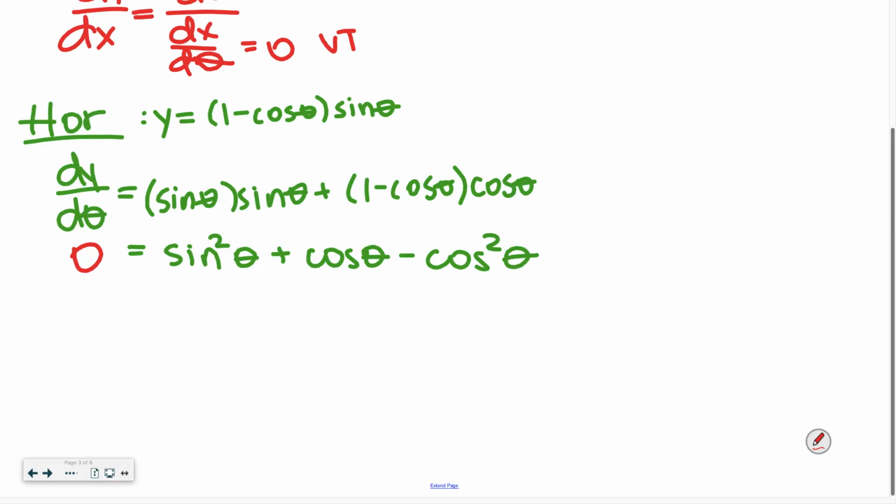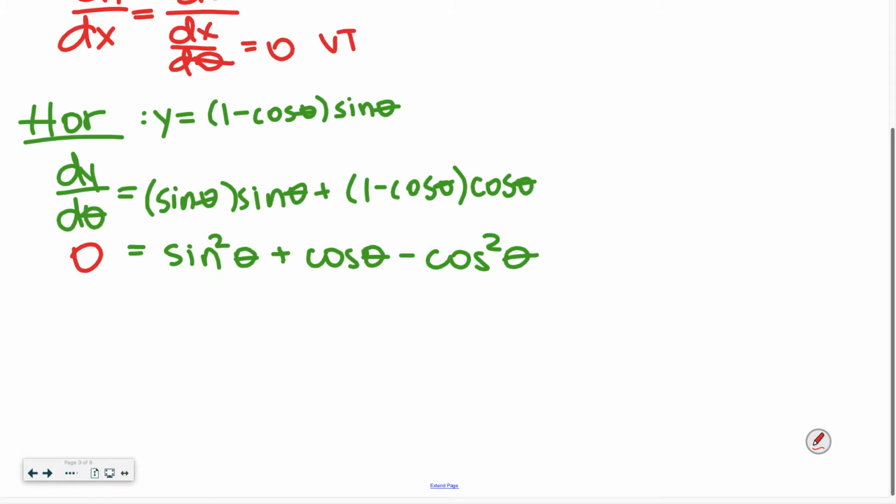2 sine squared x equals 2 plus cosine x. Pretty similar. Do you see how we have a cosine and a cosine squared and a sine squared? If everything was in terms of just the cosines, it'd be a lot better.